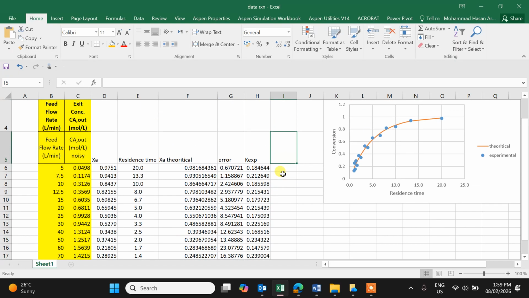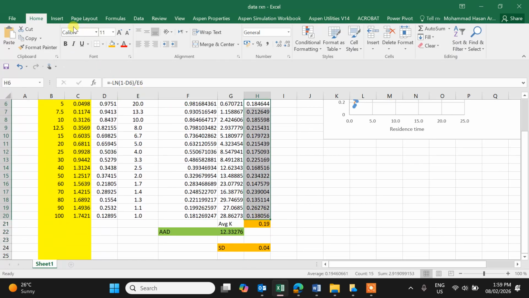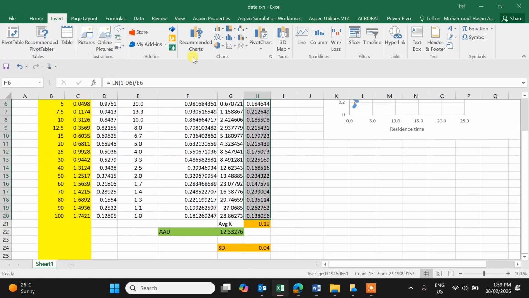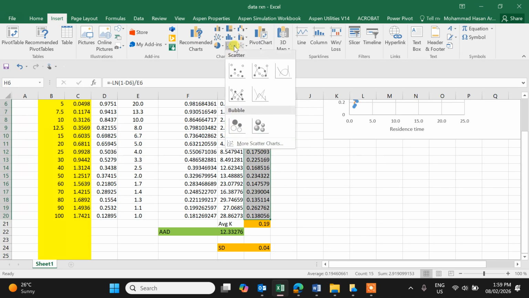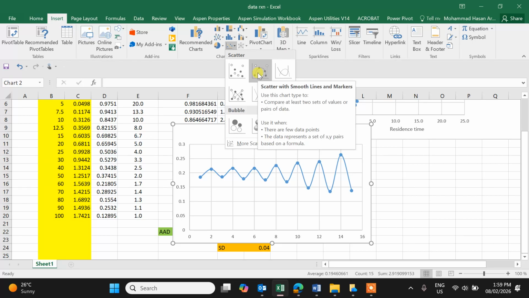To do it further, you can plot this versus flow rate. See, if you put this, it's showing sinusoidal. So it may misguide you.